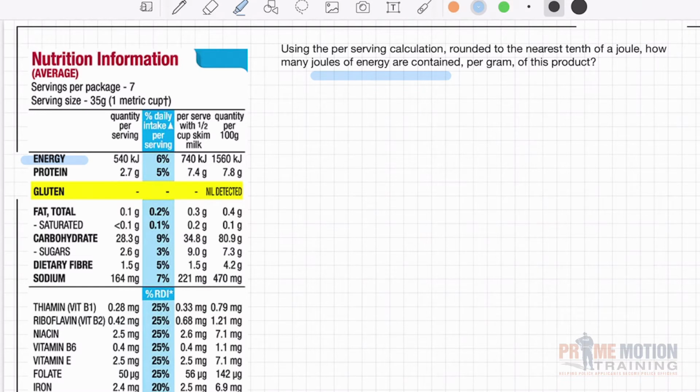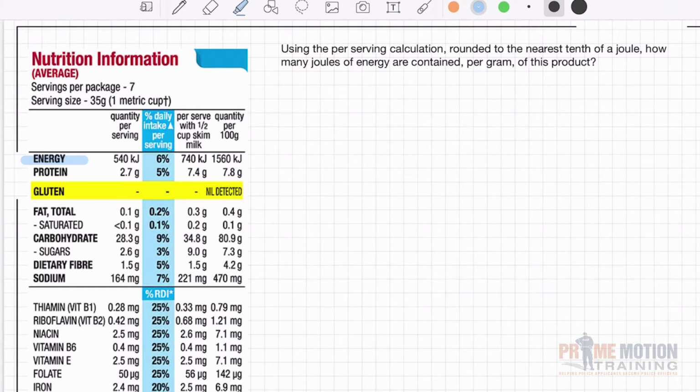Well, given this column here is per serving, and we know that there is a 35 gram serving, we don't really know what the per gram is yet. We know what the per 35 gram is, it's right there. So we've got a couple of steps to go through to work out the per gram answer for this particular question.